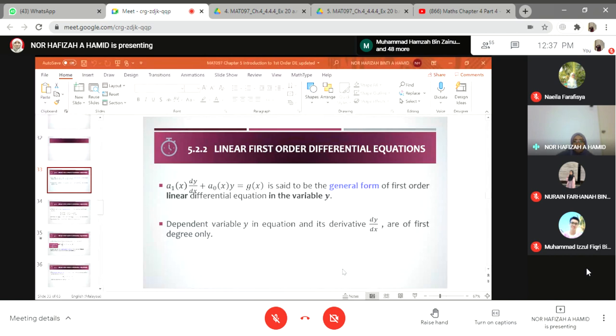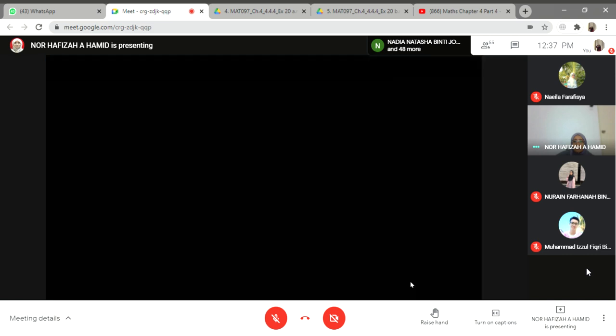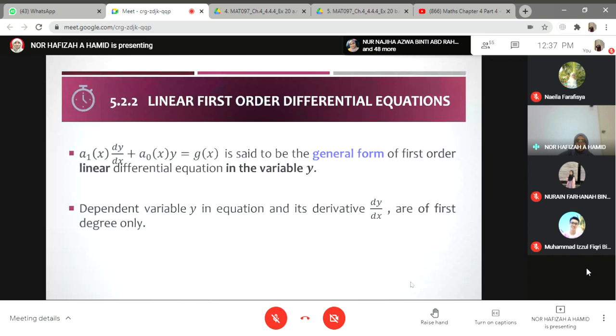Okay, so for linear differential equation, the general form for linear first order is the second type of differential equation. The first type is the separable differential equation, which we covered last week.